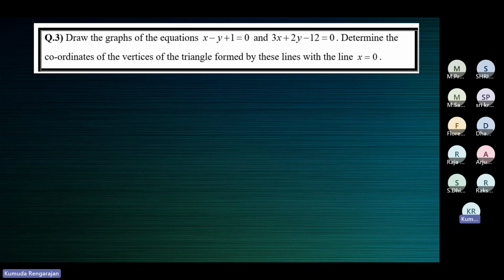Okay, share your picture then on WhatsApp, Rajat. Yes, ma'am, 1 minute. Yeah, send the picture.